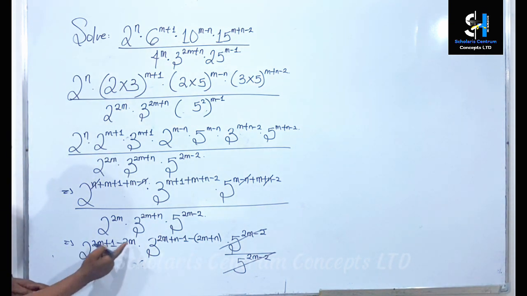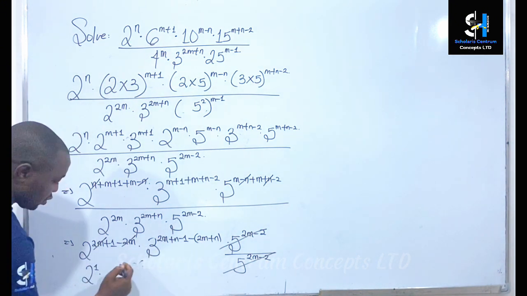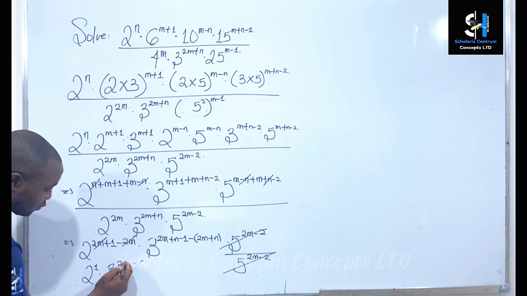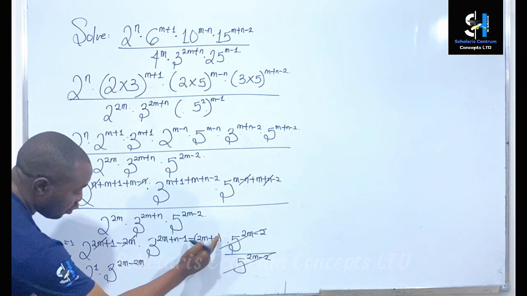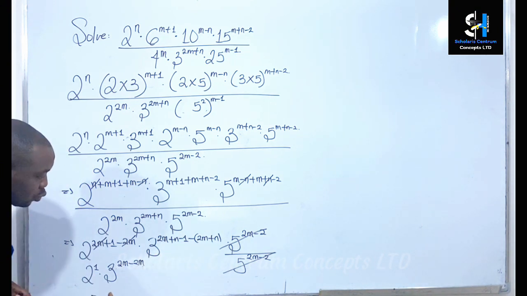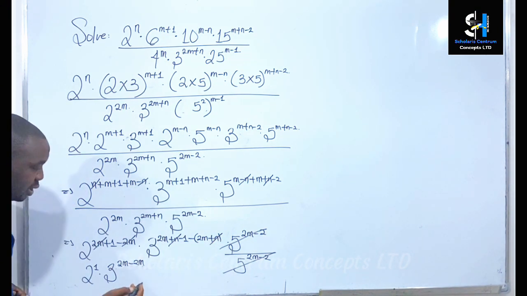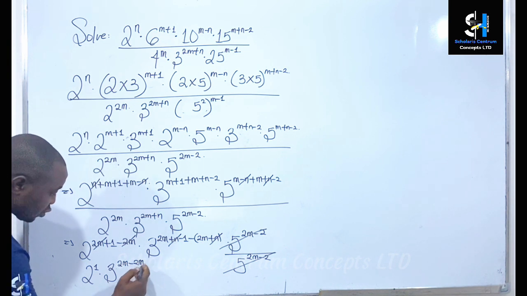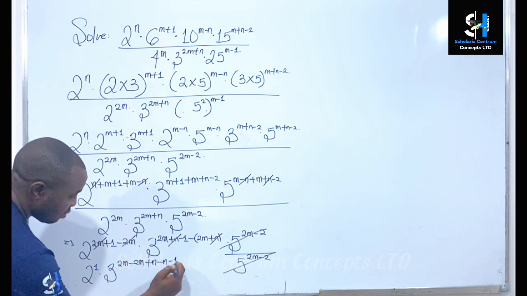So in this case, 2n minus 2n, that will be 0. This will be 2 raised to the power of 1. Then in this case, we're going to have 3 raised to the power of 2n, minus 2m, because if we open this bracket, this will be minus 2m. Then if we open this bracket, n minus n, that will be 0. So that means we're going to have plus n minus n, then minus 1.